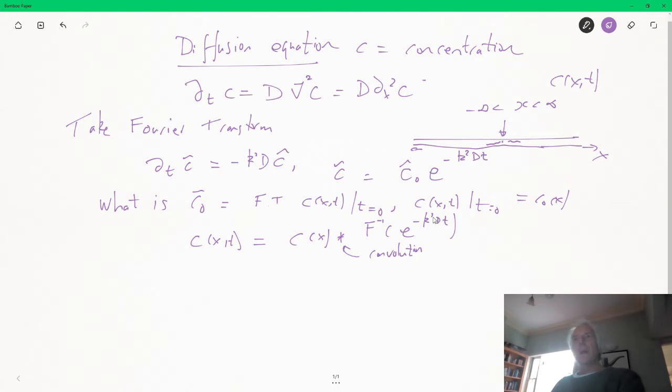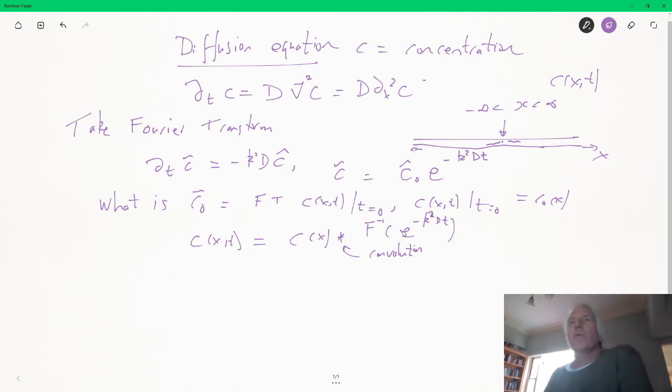Now, there is an exact expression for the inverse Fourier transform of e to the minus k squared Dt.